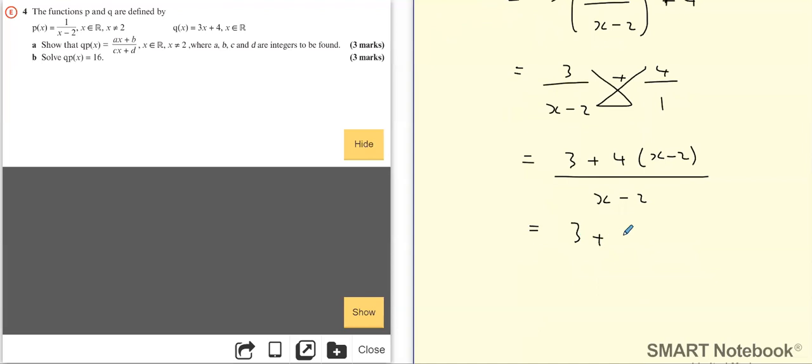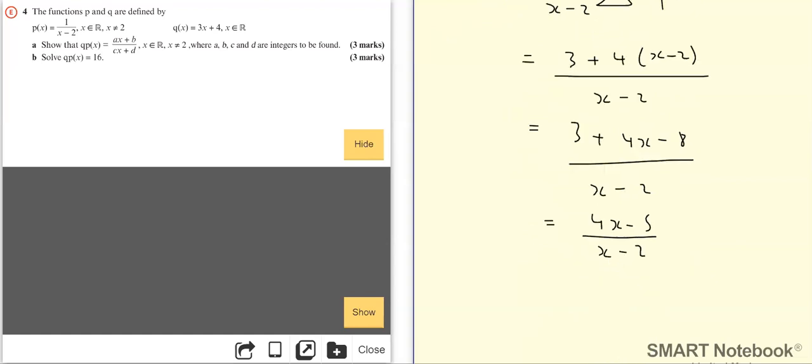And we've got 3 plus 4x minus 8 all over x minus 2, which is 4x minus 5 over x minus 2. Are we happy with that? Does that make sense?